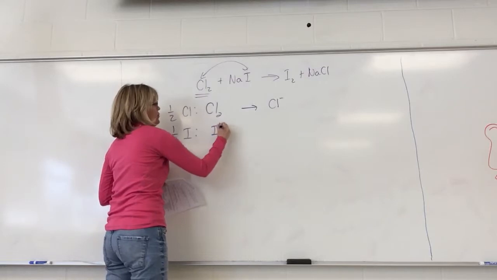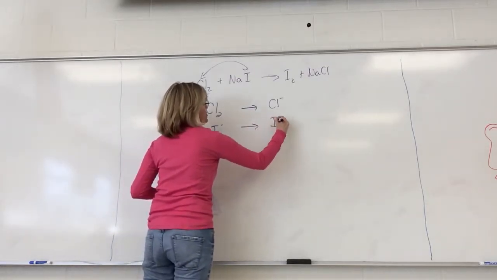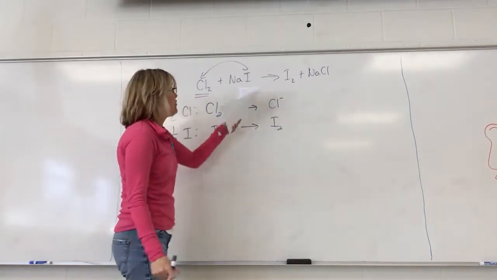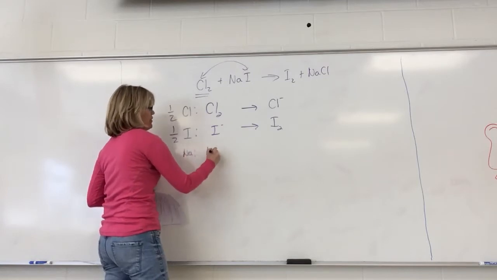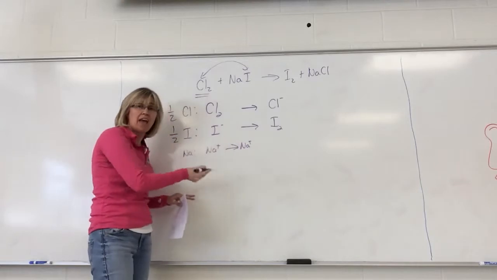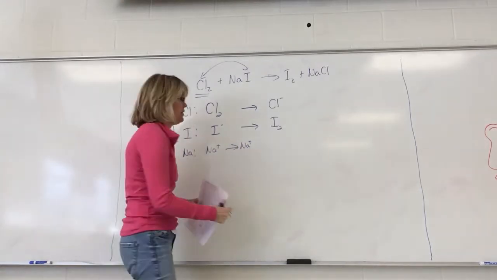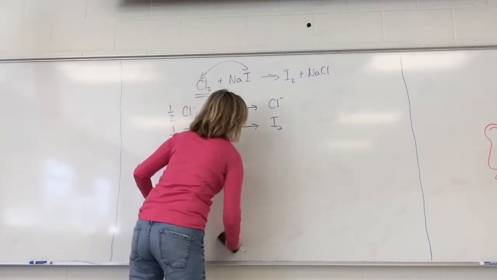The iodine went from a -1 to a neutral element. We also have sodium in there, and let's just see what happens to sodium. It went from +1 to +1. So obviously nothing happened from a redox perspective to the sodium, a spectator ion in a sense. So we can ignore the sodium.